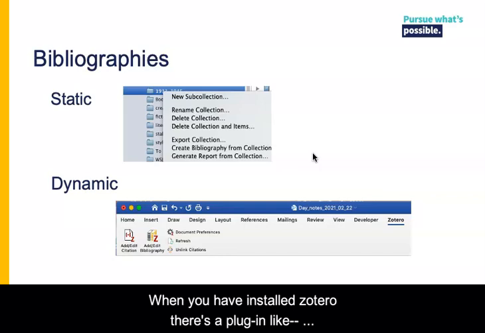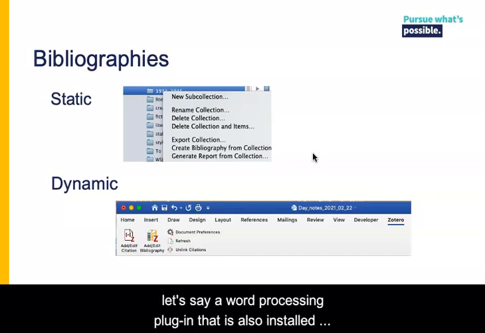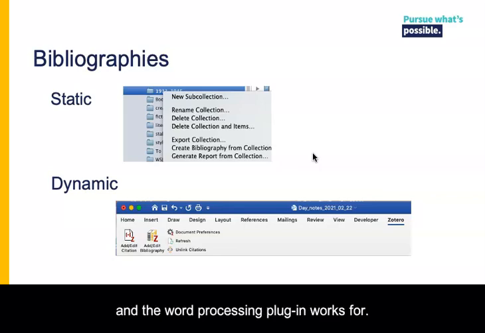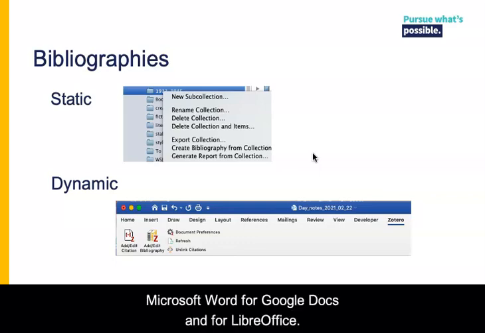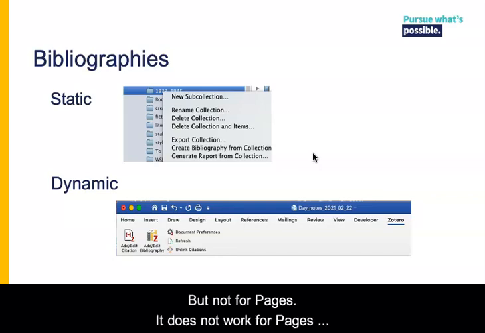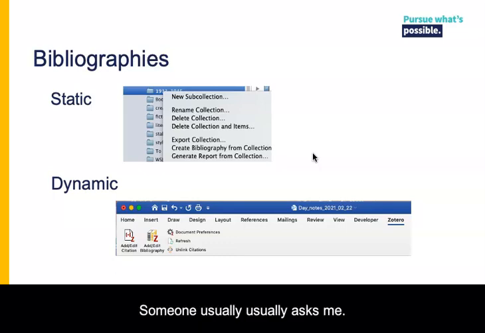So when you have installed Zotero, there's a word processing plugin that is also installed. The word processing plugin works for Microsoft Word, for Google Docs, and for LibreOffice. So no Pages. It does not work for Pages. Someone usually asks me that.